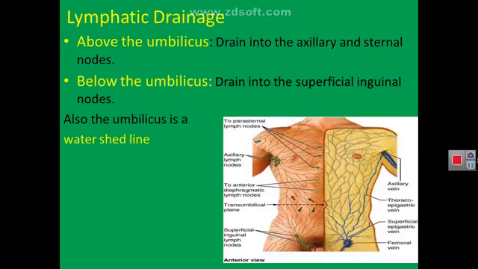Similar to the venous drainage, lymphatic drainage of the anterior abdominal wall also follows the watershed line strategy of the umbilicus.